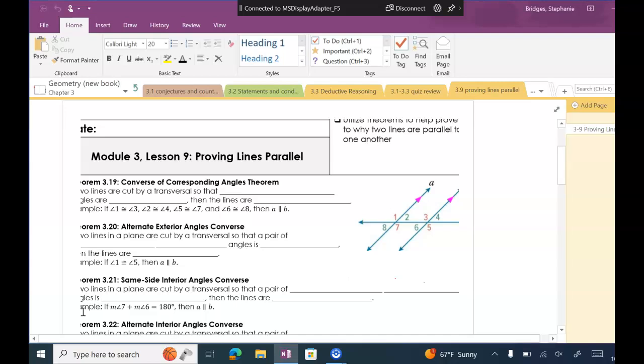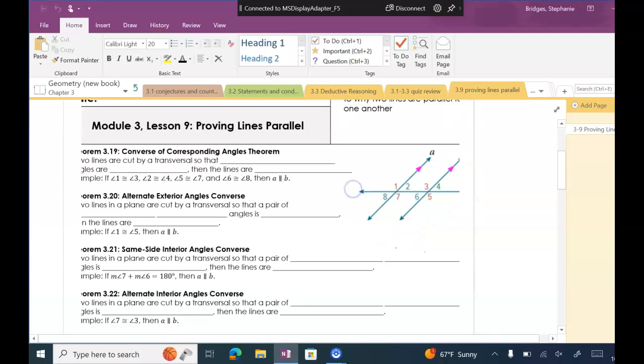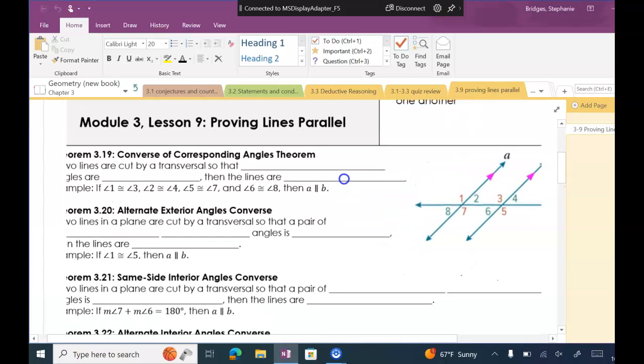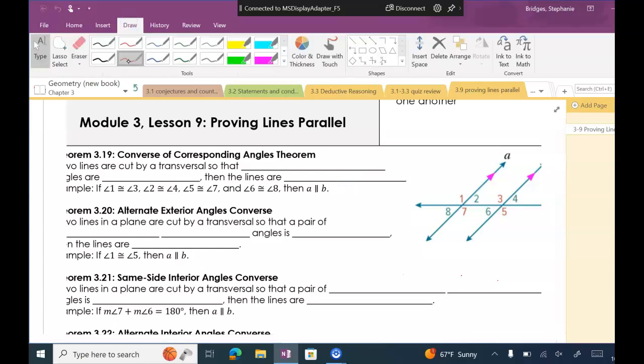So we're going to start with the first one, and that is the converse of the corresponding angles theorem. And that says if two lines are cut by a transversal so that corresponding angles are congruent. Part of my words are cut off here, so let's follow along yours.